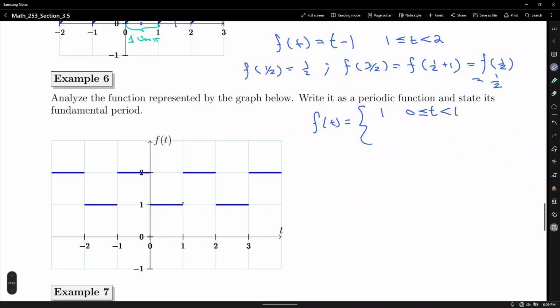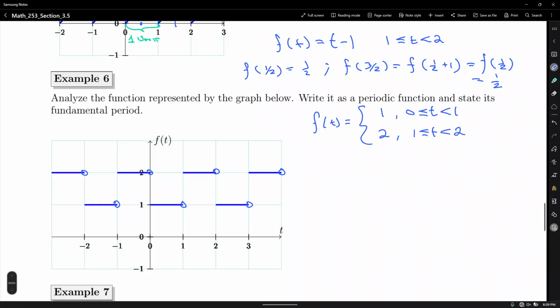Actually, let me put open circles at the very end. And it takes the value of 2 between 1 and 2. Do you guys agree with this piecewise function?